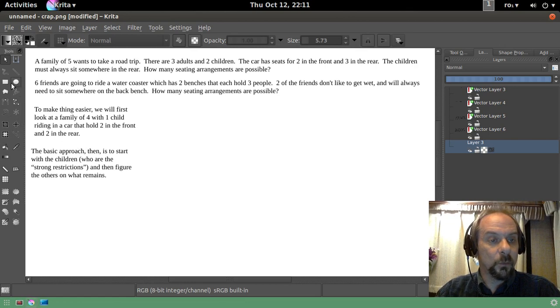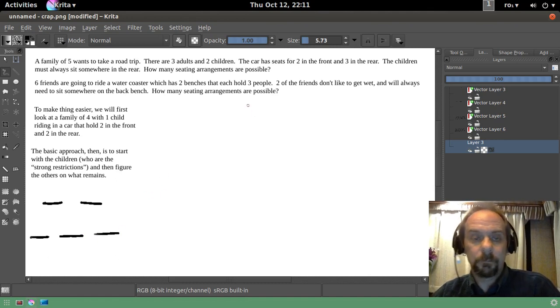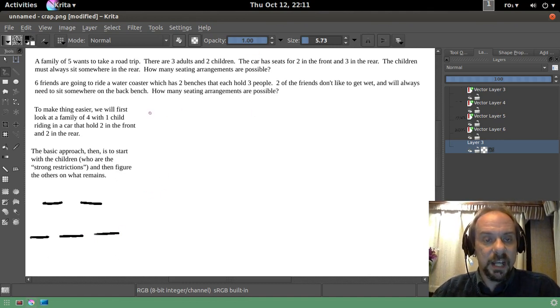We'll remember that we have 2 children over 3 seats, or really in this case, 3 seats that are going to permute over 2 children. So we're doing 3 permute 2, which is 3 factorial over 3 minus 2 factorial, leaving 1 factorial.